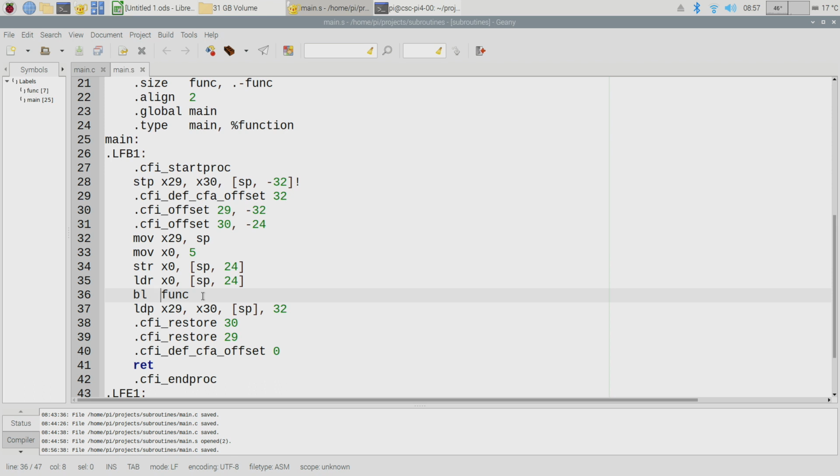Does that kind of make sense? No? Yes? You guys seem mystified. So it sets it when you're in main. And then when you hit the return command in func, it's going to say, okay, I jumped to this instruction from, let's say, memory address 27.